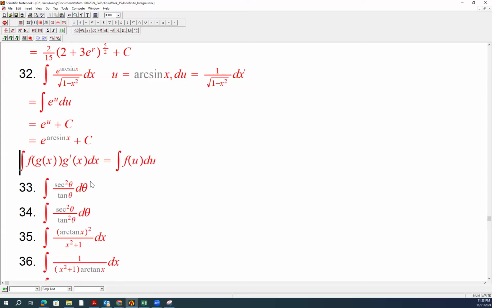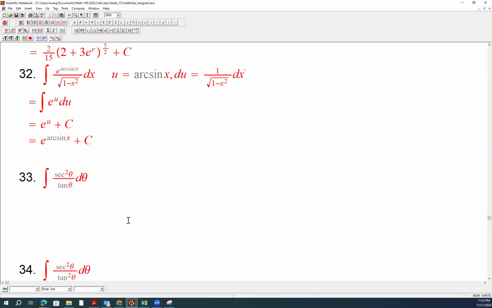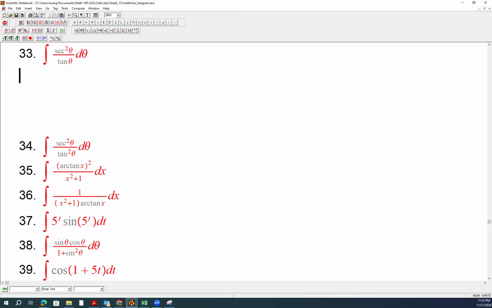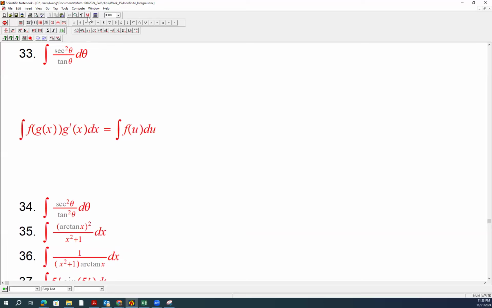All right. Next one, number 33. I think this substitution is also an obvious one. We're going to introduce u equals tangent theta, and the derivative du would be secant squared theta d theta.